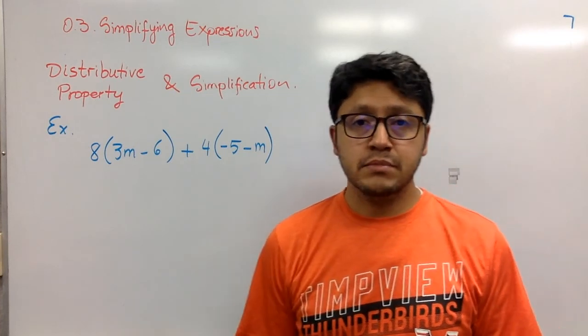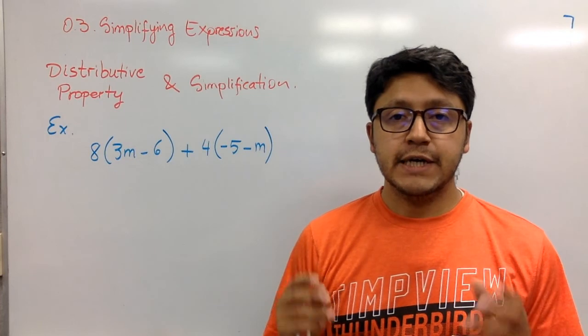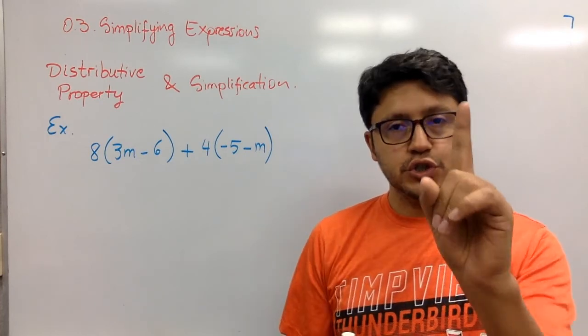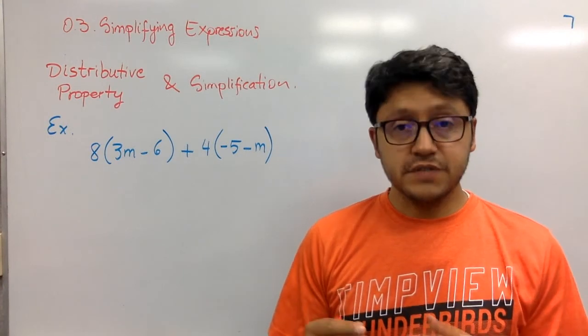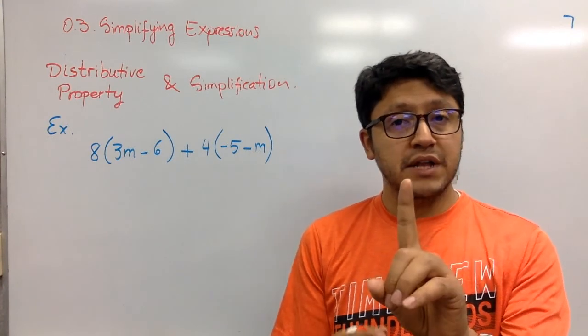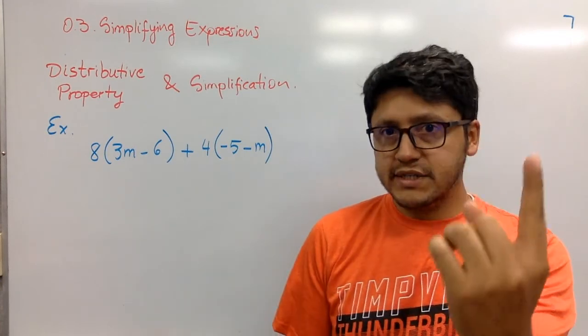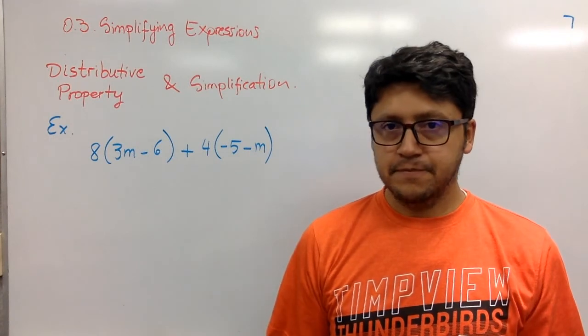Since 3m and -6 are not like terms, you cannot reduce it to just a number. And what is the problem here? Because of that, you cannot multiply that number by that 8 to produce one term, which means that it has to be indicated.